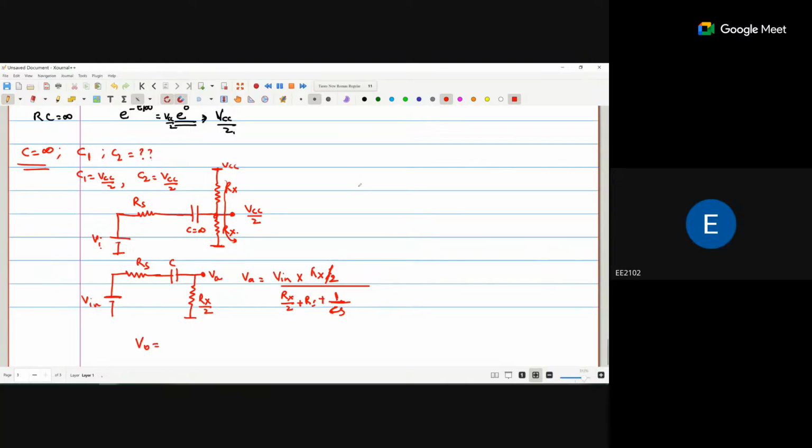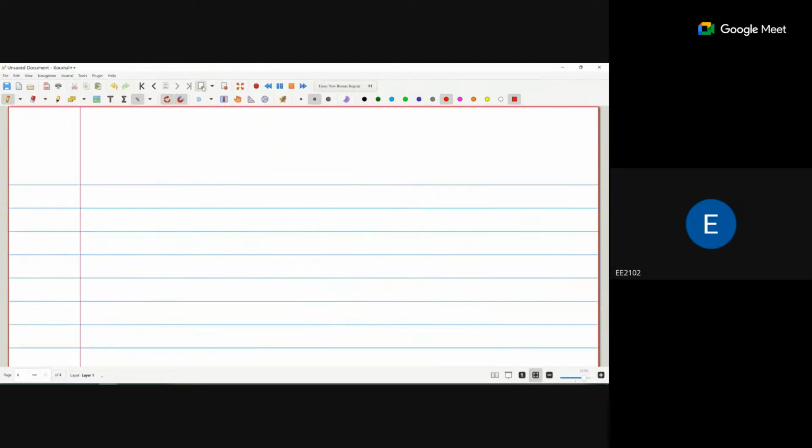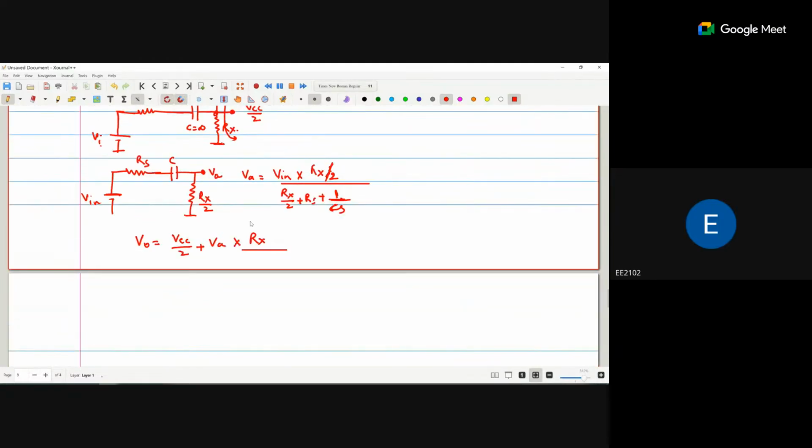V naught is VCC by 2 plus VA times Rx upon Rx by 2 plus Rs plus 1 by Cs.